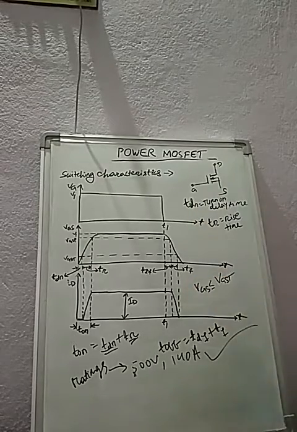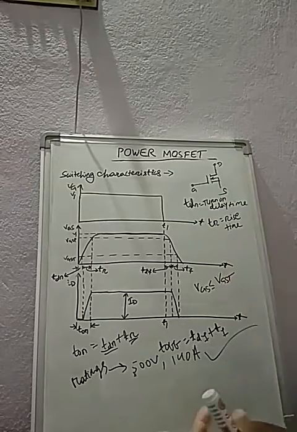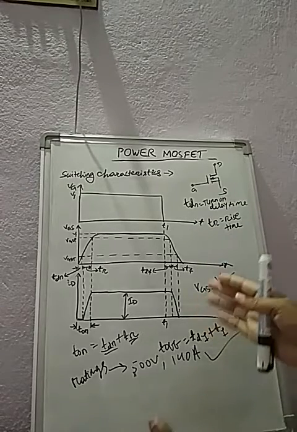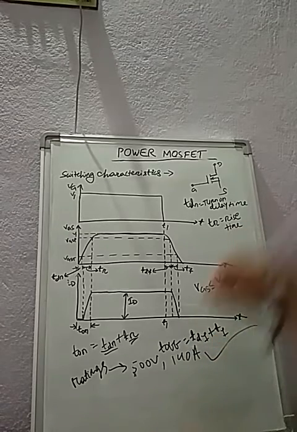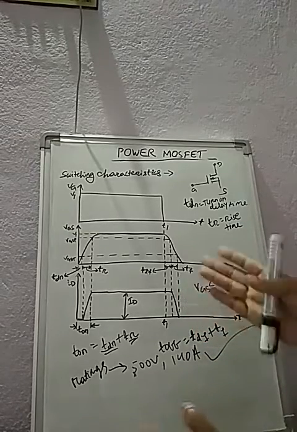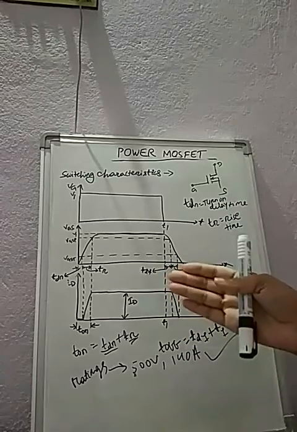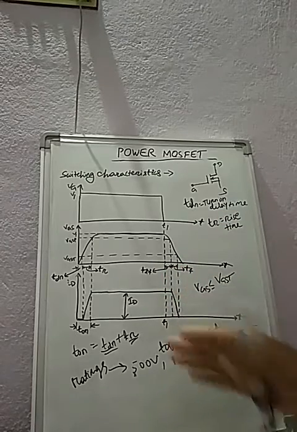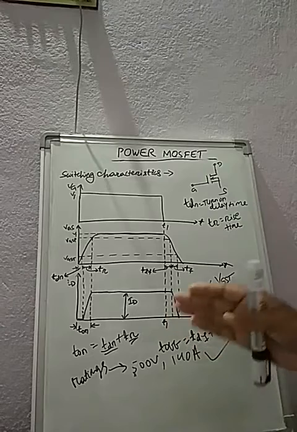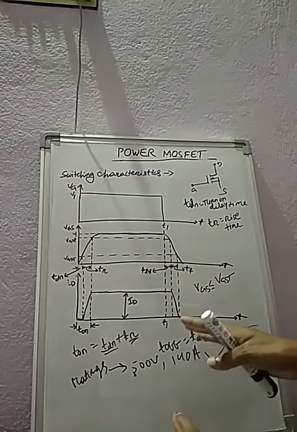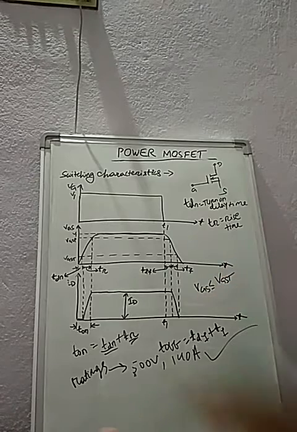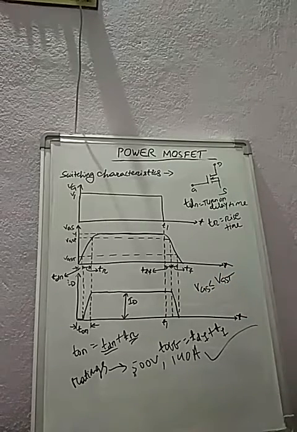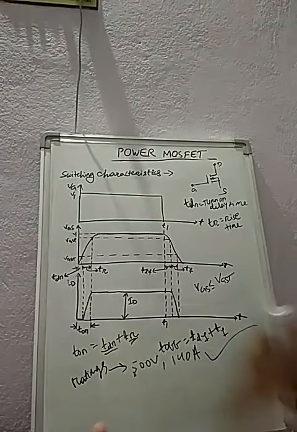I already told you some differences between MOSFET and BJT. So you need to compare BJT and MOSFET by yourself, and in your notebook you should write the basic differences between MOSFET and BJT, and further advanced level differences I will tell you in the next class.